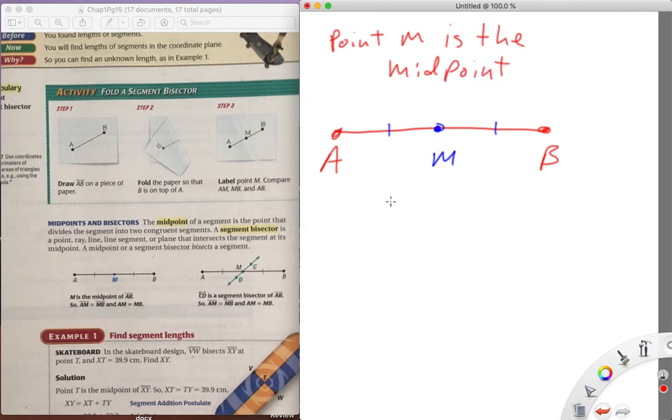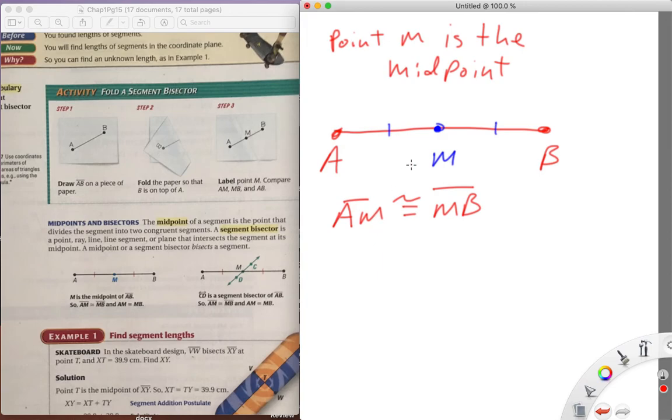I know that I now have two segments: segment AM and segment MB. Since M is the midpoint, these two are congruent to each other. AB is cut completely in half at the midpoint, and I have two other segments that are congruent to each other, where these little markings mean that they're congruent. So AM would be congruent to MB.